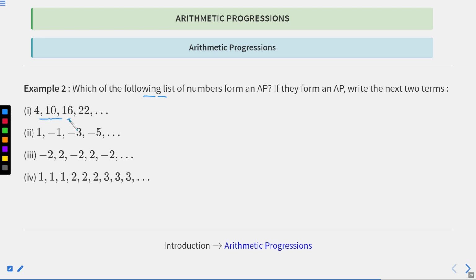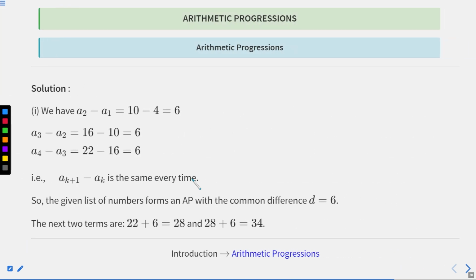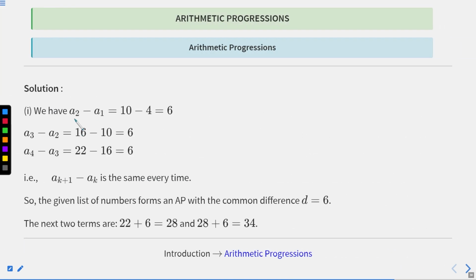Here we have to check whether this list of numbers forms an AP or not. A2 minus A1 is equal to 10 minus 4, and this is equal to 6. A3 minus A2 is equal to 16 minus 10, and this is equal to 6.